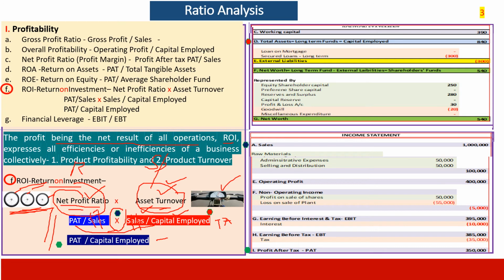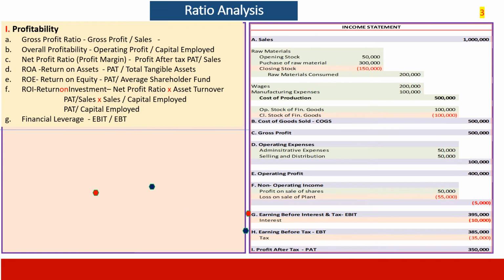ROI expresses all efficiencies. It talks of product profitability. What is product profitability? Net profit ratio. And it also talks of product turnover, which is nothing but asset turnover. This is an important ratio and its components are worth understanding.